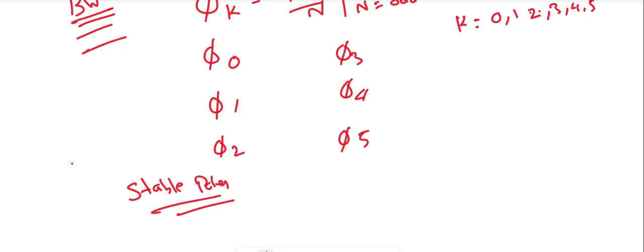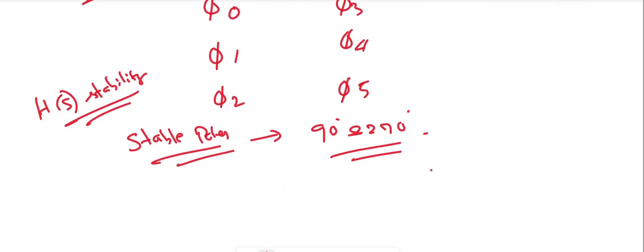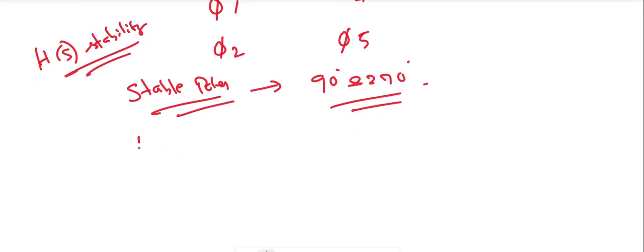The transfer function should be stable. For stability, stable poles are between 90° and 270°. Only these will be considered as stable poles. Then once you determine the Butterworth poles, translate the Butterworth poles into Chebyshev poles.